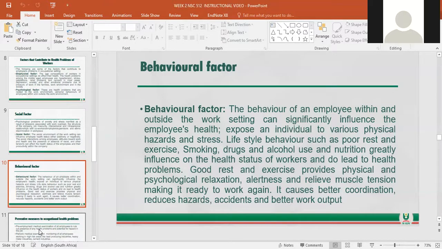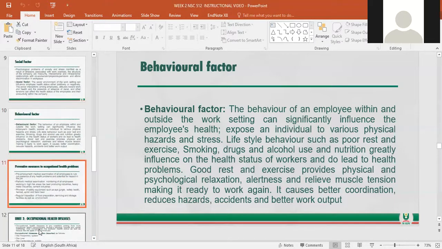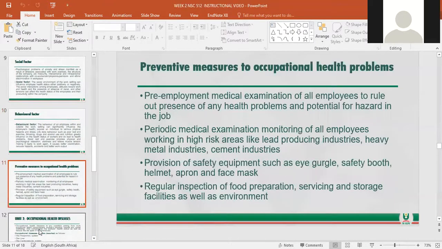And so continuous health education creates awareness for the employees, which helps in preventive measures against occupational health problems.